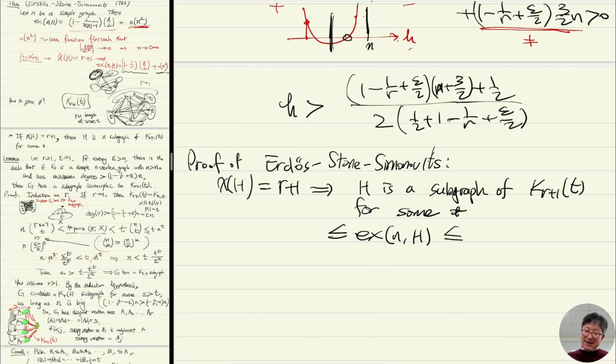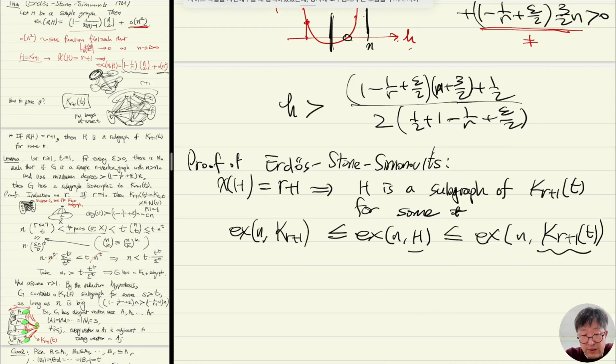Yeah, so any graph that contains a blow-up of a complete graph contains H. And the Turán graph doesn't contain any subgraph of chromatic number r plus 1, so this is the situation. Now, what does that mean?